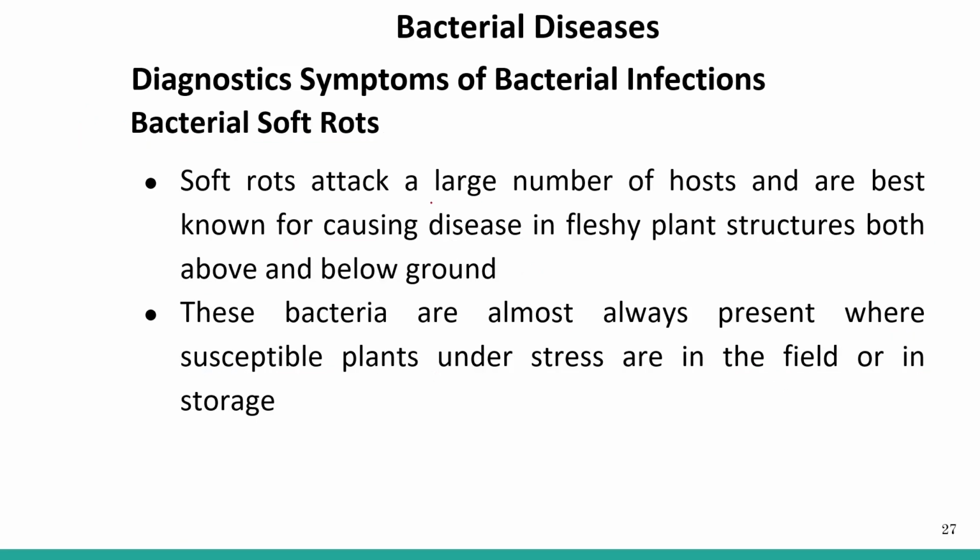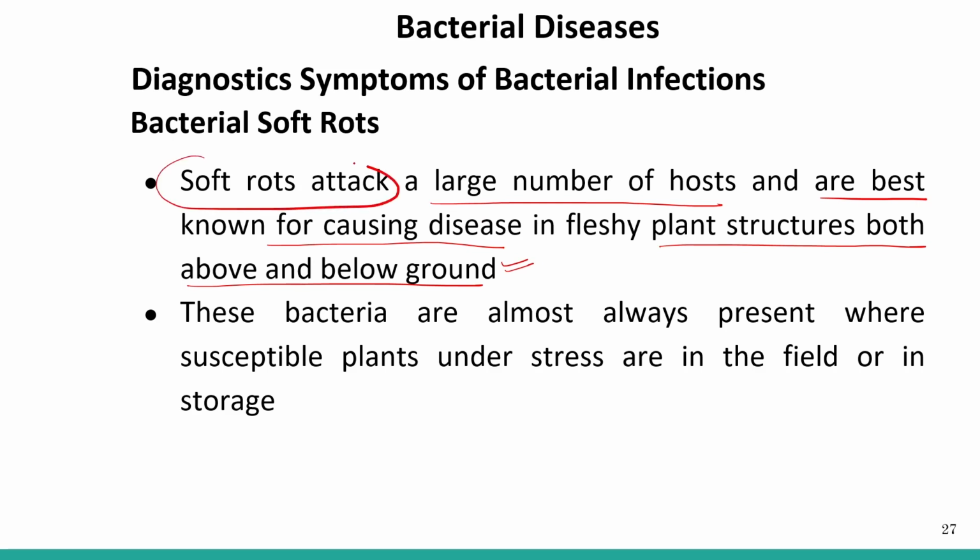Soft rots attack a large number of hosts and are best known for causing disease in fleshy plant structures both above and below ground. So these fleshy plant structures can be below the ground, that is the root, and above the ground also, that is the stem.